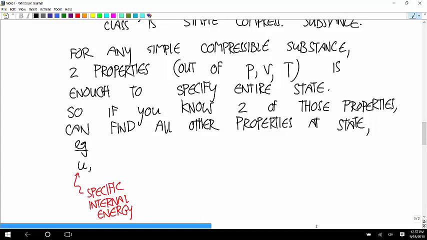You can calculate a few things that we haven't talked about at all. This is called the enthalpy, the specific enthalpy. Lowercase s is the specific entropy.